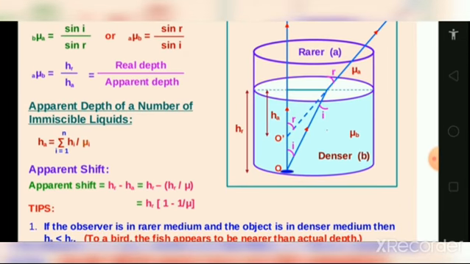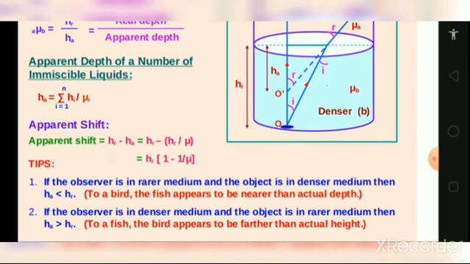Now for the apparent depth of a number of immiscible liquids, you can write HA is equal to summation of HI upon mu I. As you already know, your apparent shift is equal to HR minus HA, which is HR minus HR upon mu, which can be related as shift is equal to HR times (1 minus 1 upon mu).